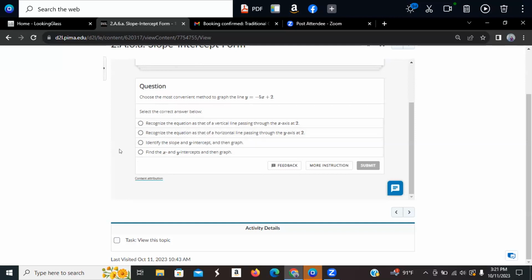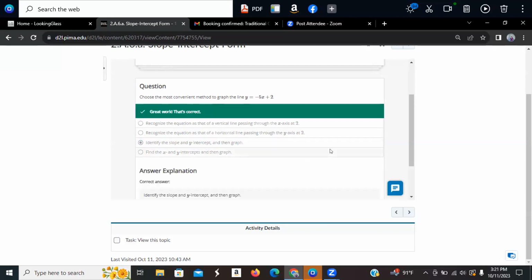The answer is the one that says, hey, we need to get the slope and get the y-intercept. Would it be the last one? Does the last one say anything about slope? Oh, then the third one. Yes, the third one says to get the slope and the y-intercept. And that's how you graph.